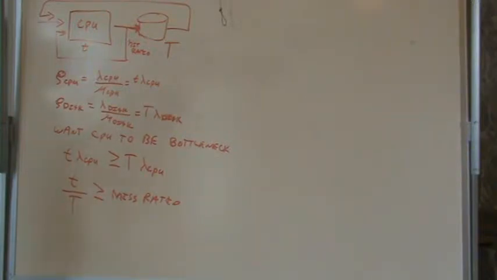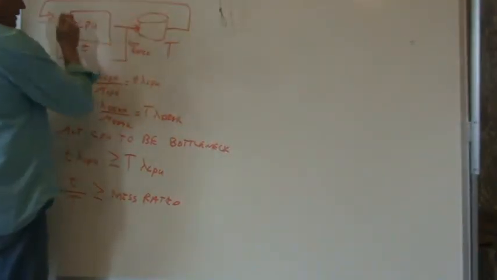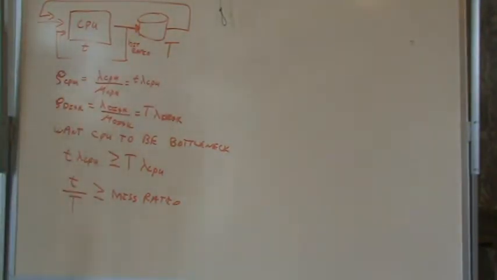If it goes higher than 1/10, if it's like 1/9, there'll be more traffic queuing up at the disk drive than at the CPU. Then if this process went on further, we'd have to shut down the system because too much work is going into the CPU. I'm sorry, into the disk drive. So does that part make sense?